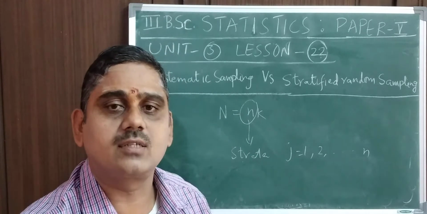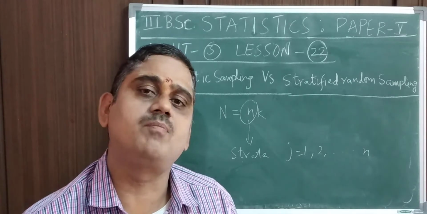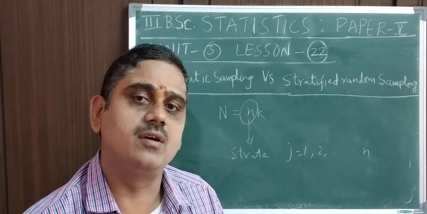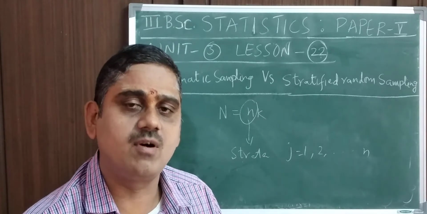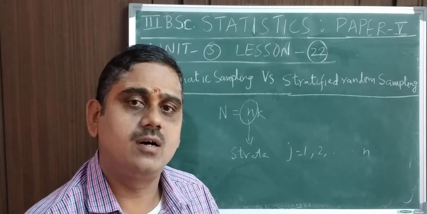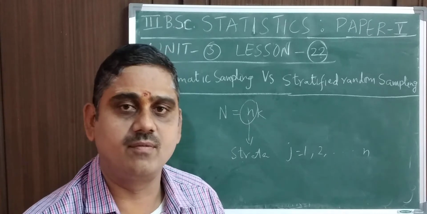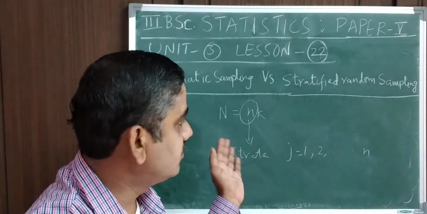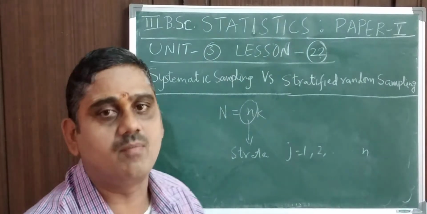These are some assumptions we consider, and now we compare stratified random sampling in view of systematic sampling. We write some of the formulas in terms of the systematic sample. Okay, it's a comparison: systematic sampling versus stratified random sampling.